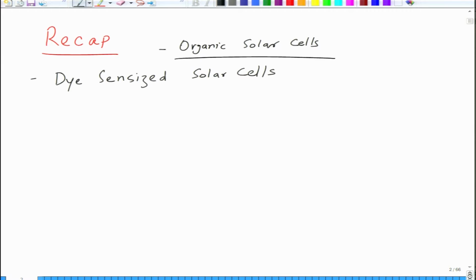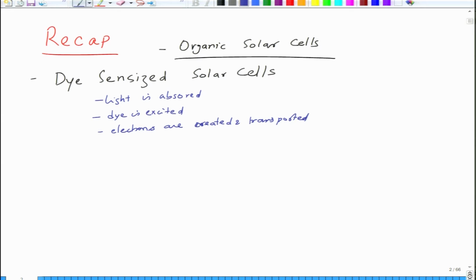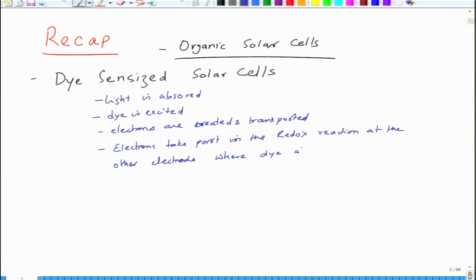In the dye-sensitized solar cells, the concept is very simple: light is absorbed, dye is excited, electrons are created, and then transported through the titanium oxide nanoparticles, which are n-type conducting materials, and then through the circuit they reach the counter electrode, and the electrons take part in the redox reaction at the other electrode, where the dye also regenerates.